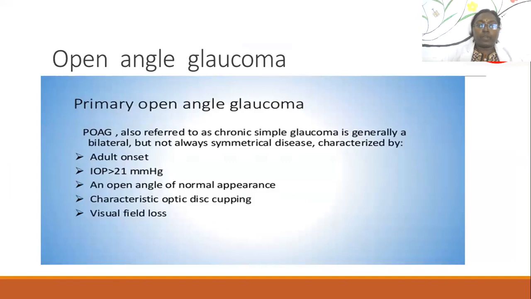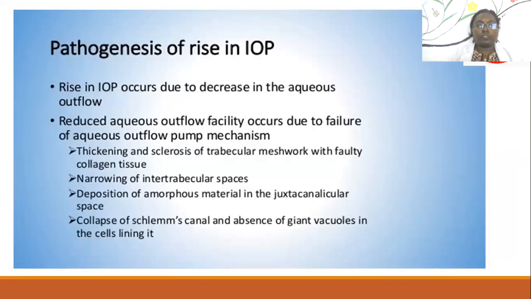So, by definition, primary open-angle glaucoma is referred to as chronic simple glaucoma, which is a bilateral, not always symmetrical disease characterized by adult onset, IOP more than 21 millimeter of mercury, and characteristic optic disc cupping along with visual field loss.